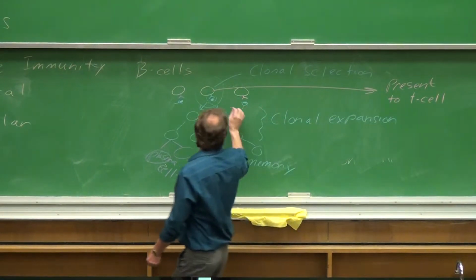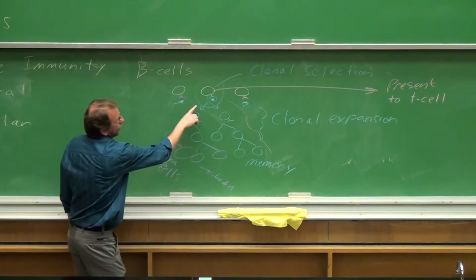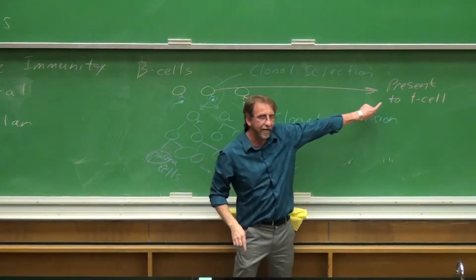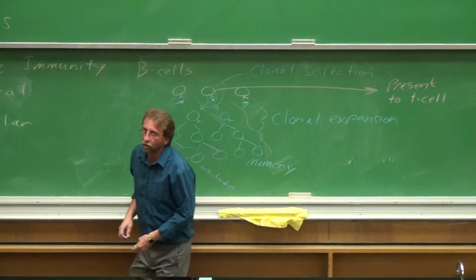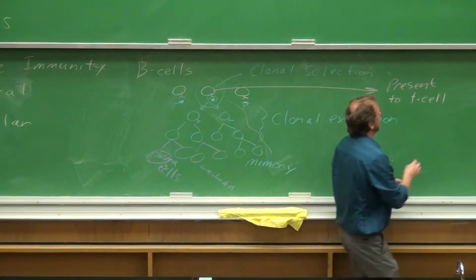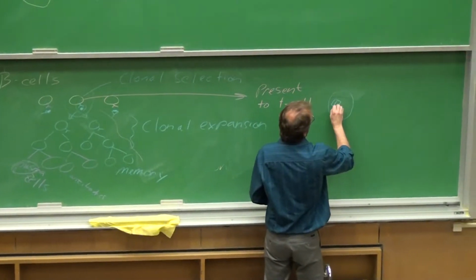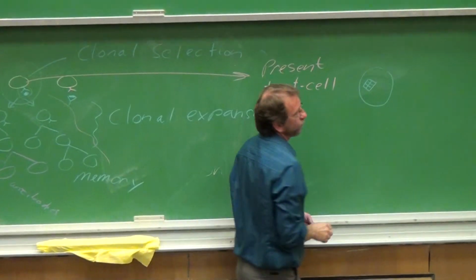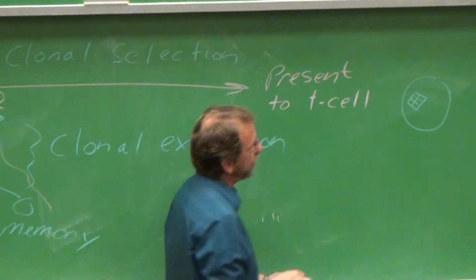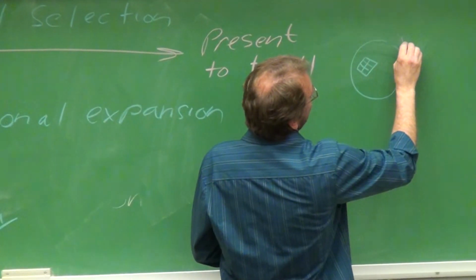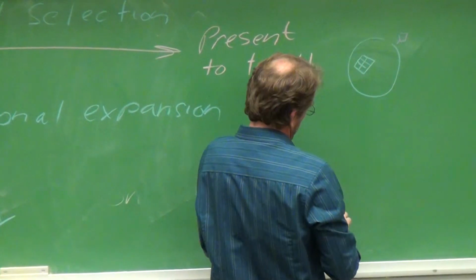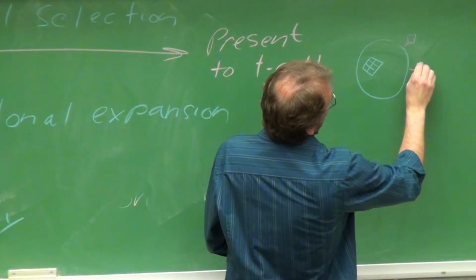So, before this has happened, the B cell has to present that antigen to the T cell. What it does is the B cell will internalize the antigen, break it up into lots of different parts, and then present those different parts on the surface.